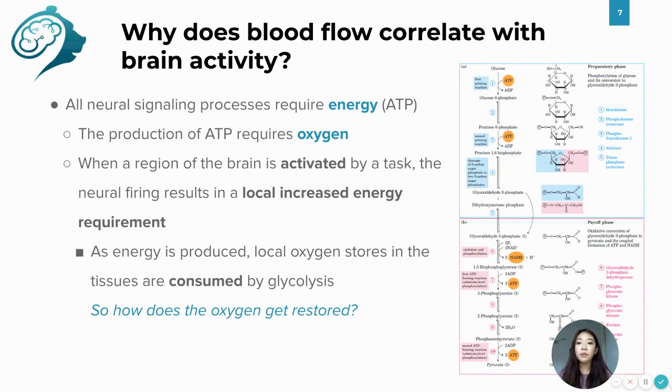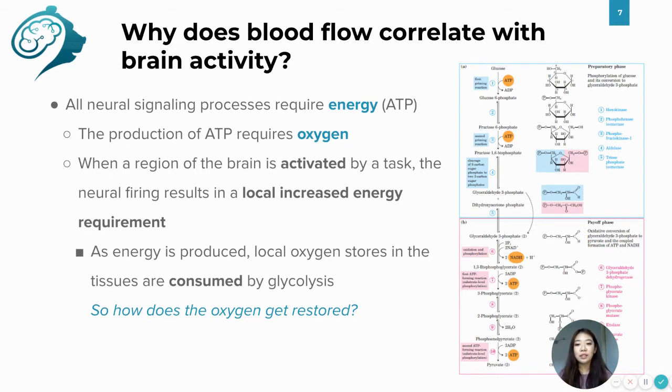So when a region of the brain is activated by a task, the neural firing results in a local increased energy requirement. So as the energy is produced to fulfill that requirement, local energy stores in the tissue are consumed by glycolysis, which is what this figure on the right is. You don't need to know that, just that it's glycolysis.